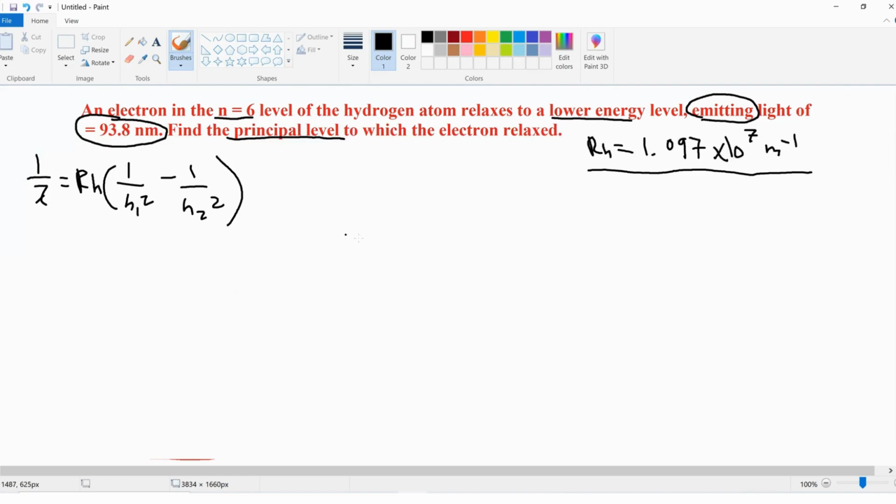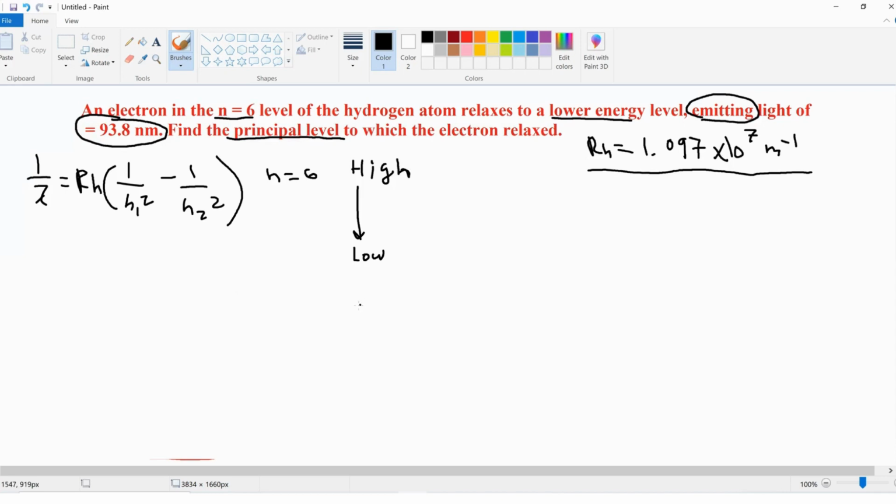So let's take a look at this carefully, step by step. They gave us n is equal to 6, and it's telling us it's emitting. So right off the bat, I know that we're going from high to low.